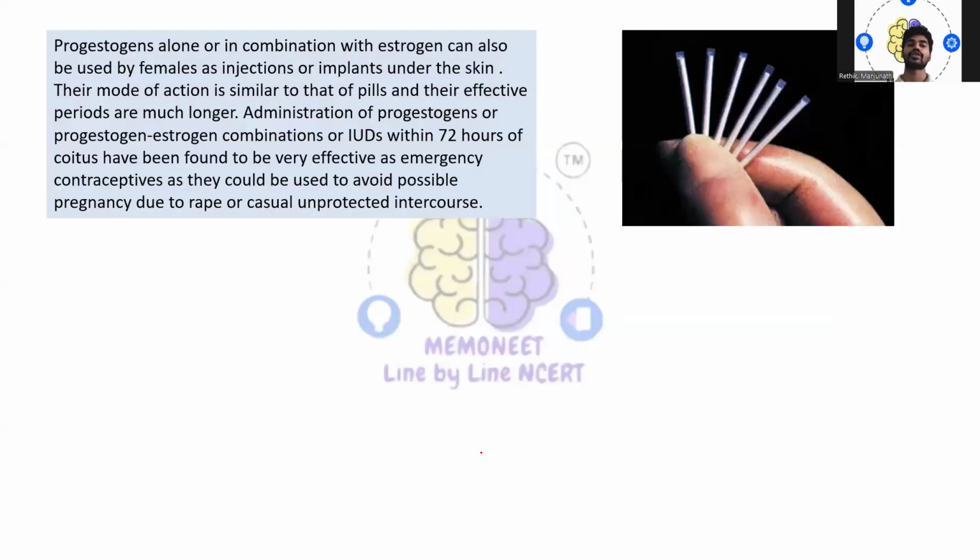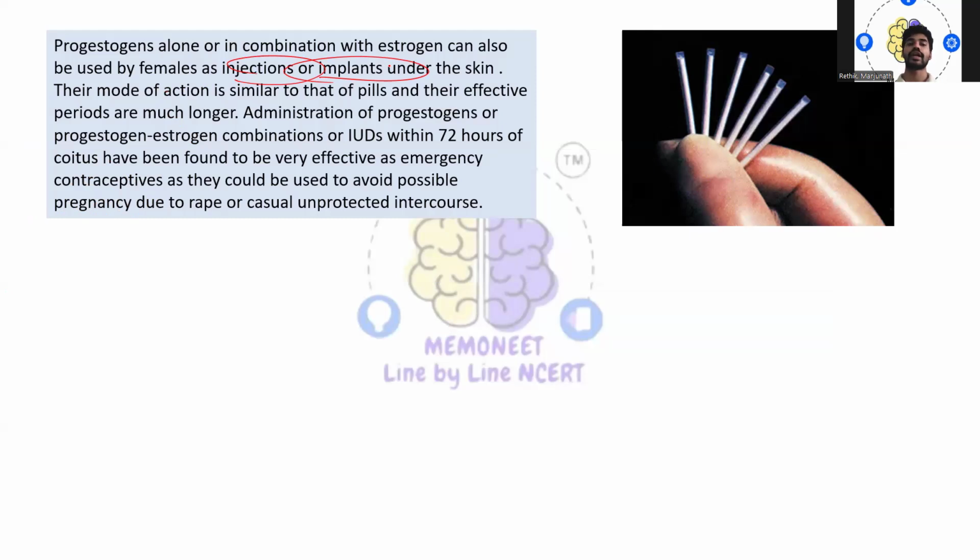Then we have progesterone alone or in combination with estrogen, which can also be used by the female as injections or implants under the skin. The mode of action is somewhat similar to the pill, but their effect is long lasting, for a much longer time.